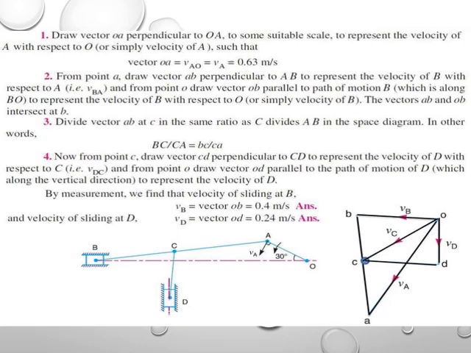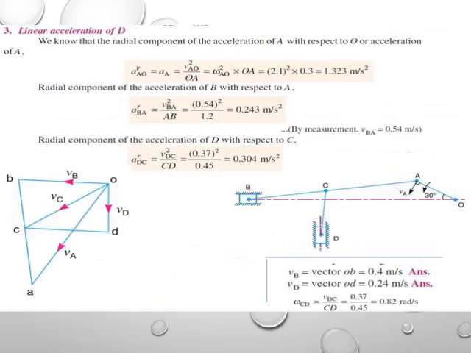Now from point C, draw the vector CD perpendicular to CD, which represents the velocity of D. By measurement, we can find the velocity at B, Vb equal to 0.4 meter per second, and the velocity of sliding at D, Vd, equal to 0.24 meter per second.